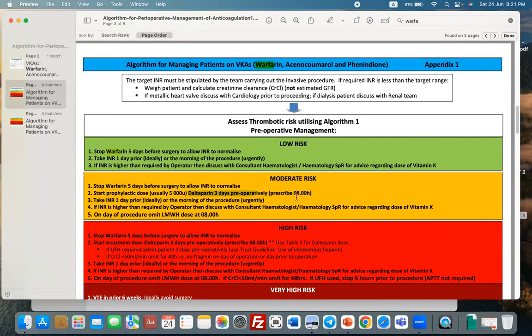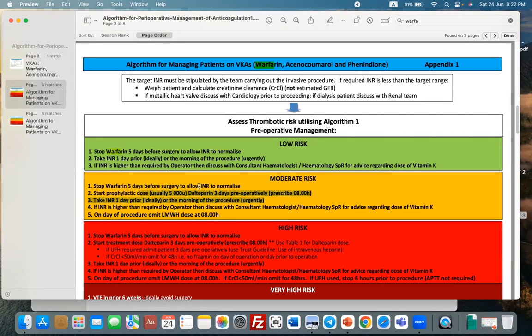So after 2 days, the half-life of warfarin is 36 hours, so the warfarin is finished already, broken down. There is no more warfarin in the blood, and the INR will be coming down. Then I will start the low molecular weight heparin.